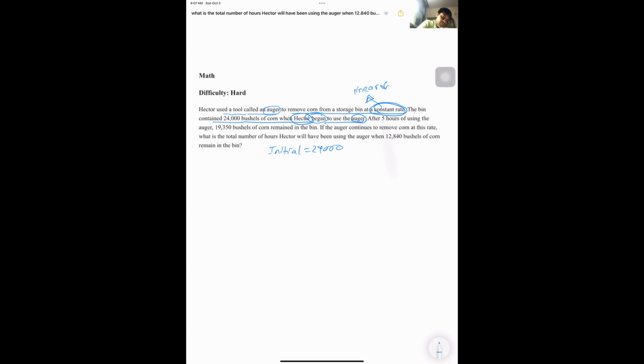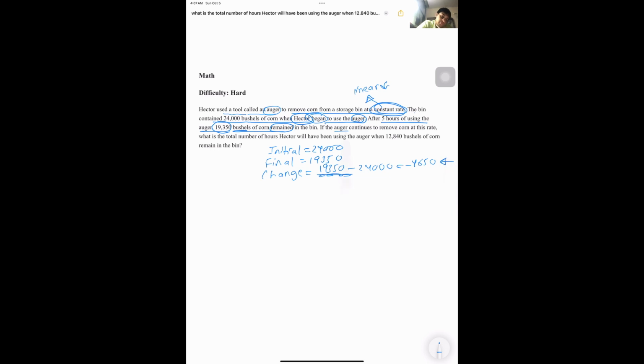After 5 hours of using the auger, this many bushels of corn remained. Final is 19,350. Change equals final minus initial, so it decreased by this much.